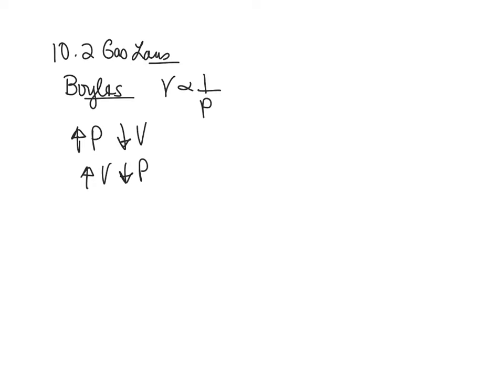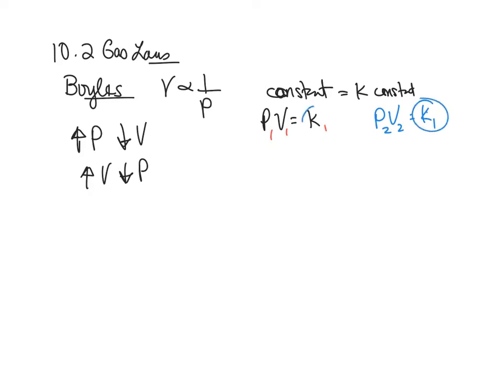And what you could do is solve for this and set it equal to a constant. So if you did that, you would have PV equals K, where K is a constant number. Then you can say, let's make these all condition 1, and then you can solve it again for PV for condition 2, and make that equal to the same constant.